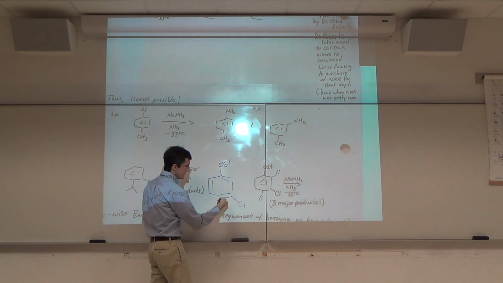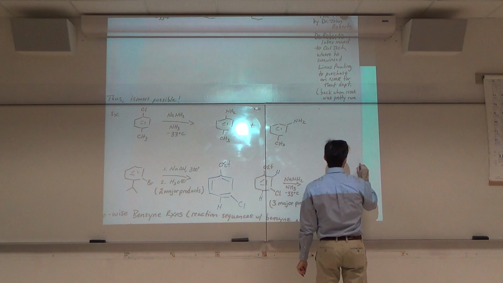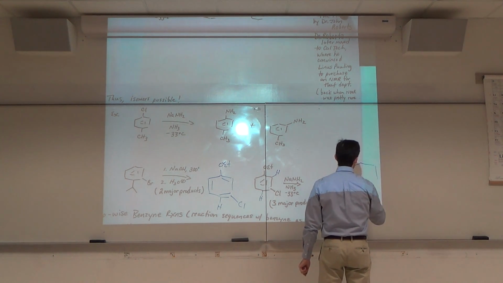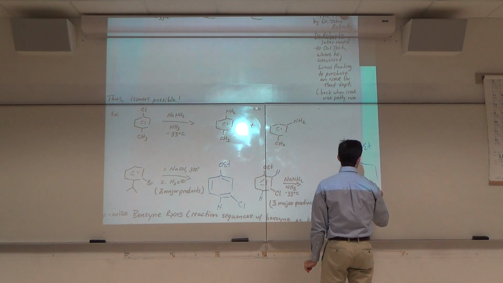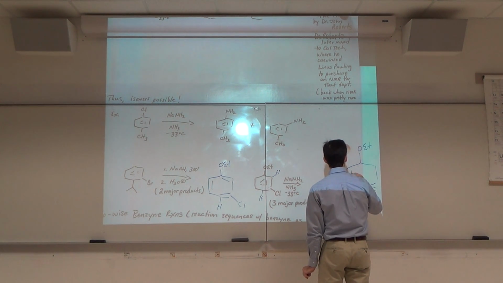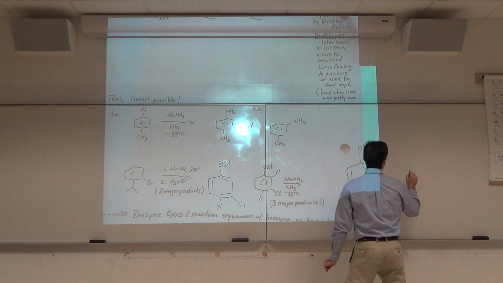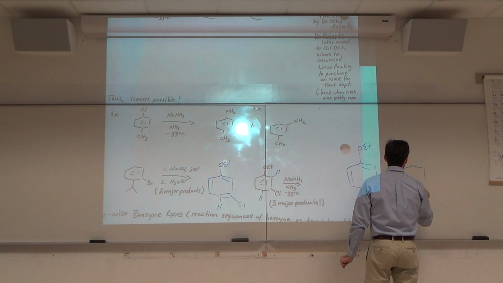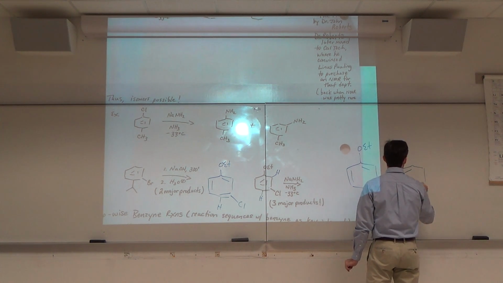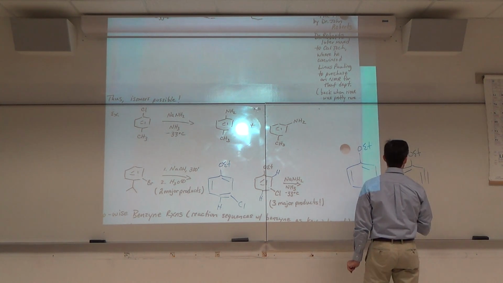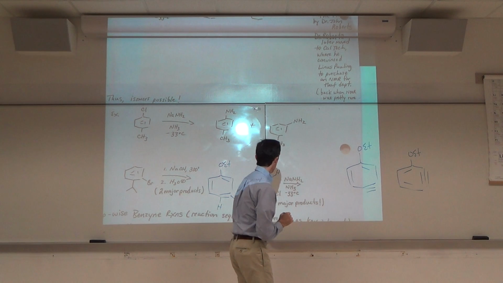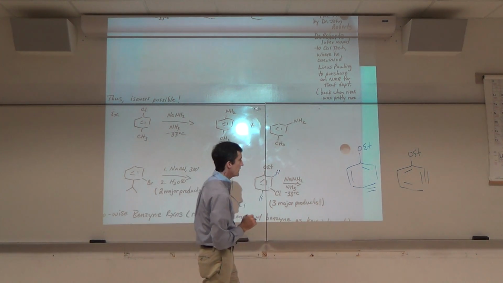You can eliminate HCl here. Basically, there are 2 different benzynes you can get, because this group up here makes them not identical. You can get benzyne down there. You can also get benzyne like that. Chlorine's gone.